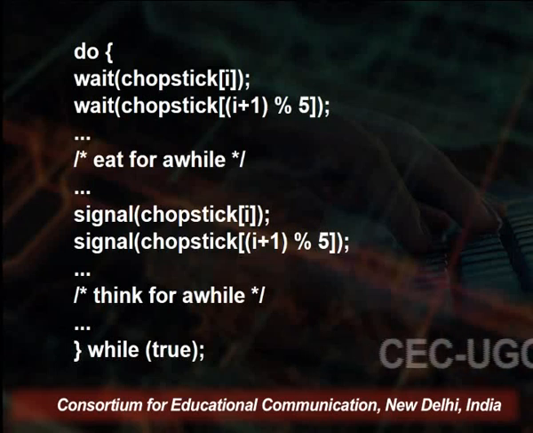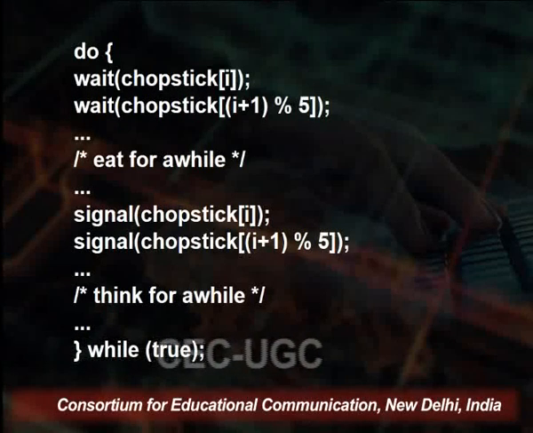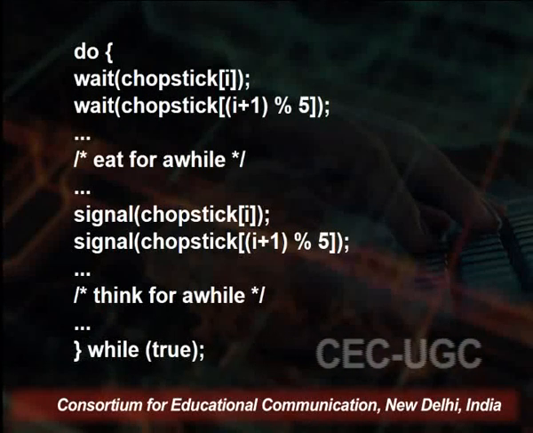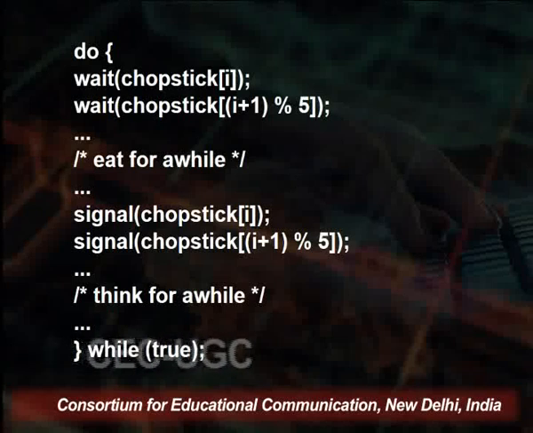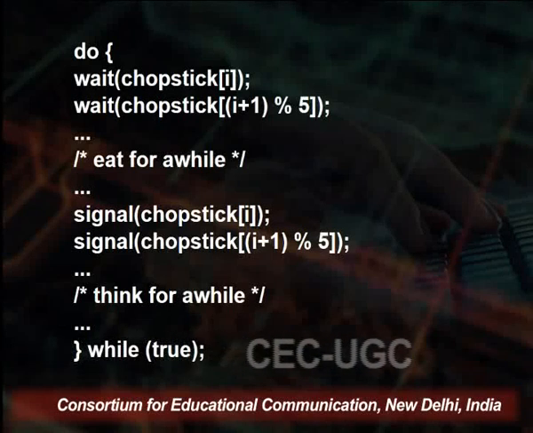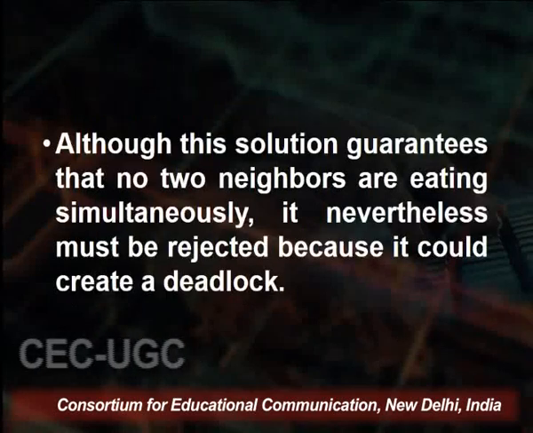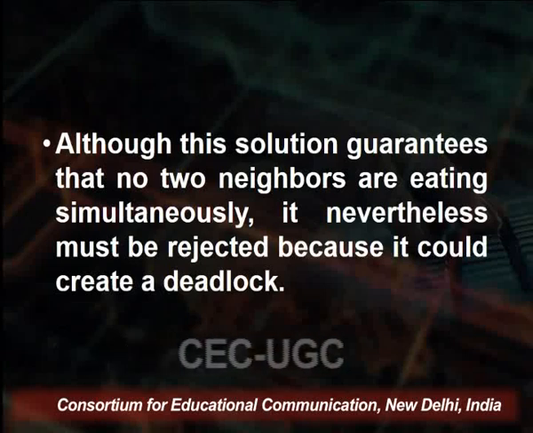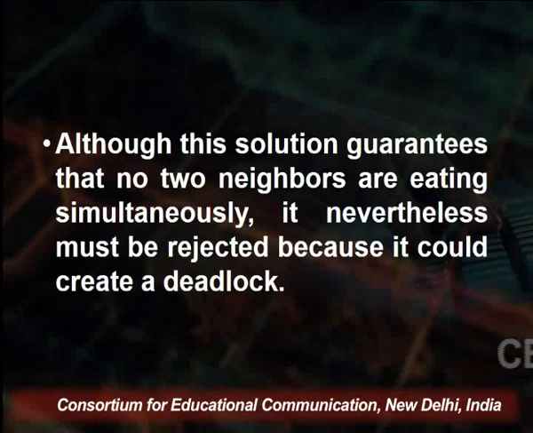The philosopher who is looking for that chopstick will grab 2 chopsticks, wait will be executed on those 2 semaphores, that means they are locked in a way, then they eat for a while, and then they are released with the help of a signal function call.